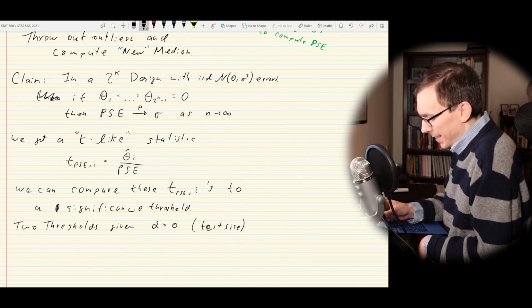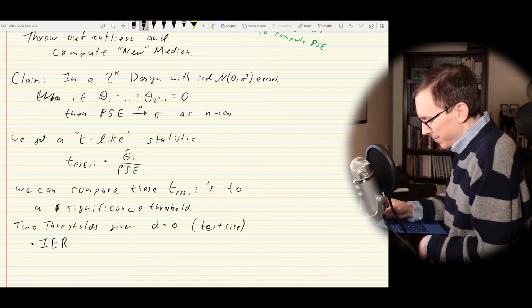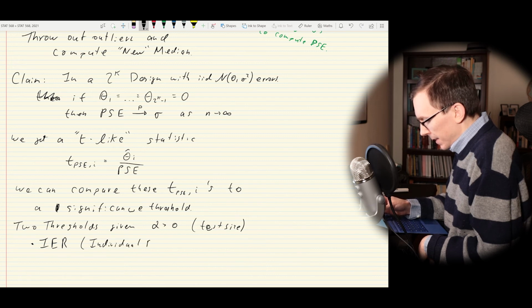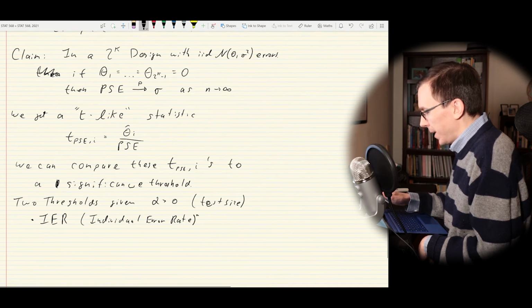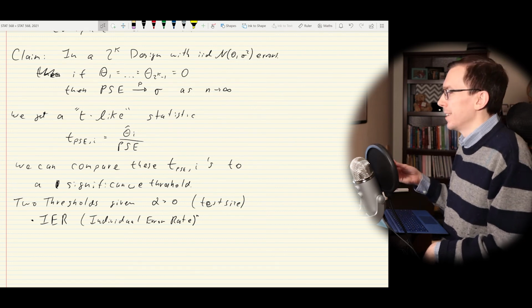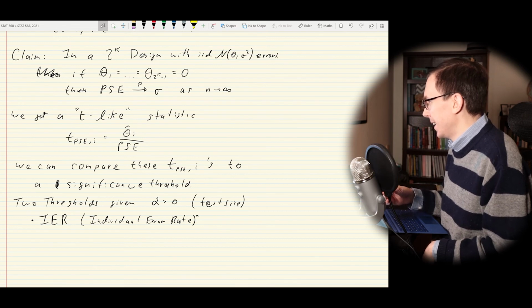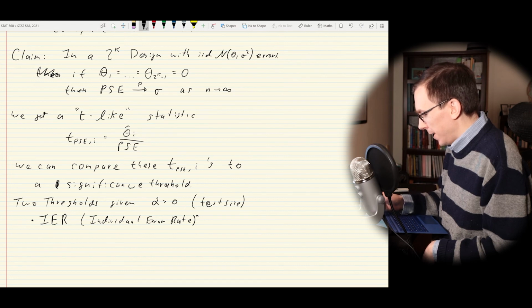We have the IER, which is the individual error rate. The individual error rate is kind of like the uncorrected threshold, the threshold that is not corrected for multiple testing. It's sometimes called the marginal error rate.